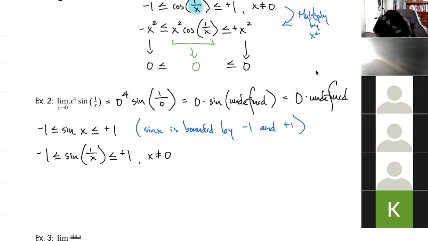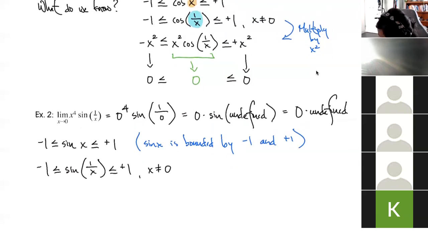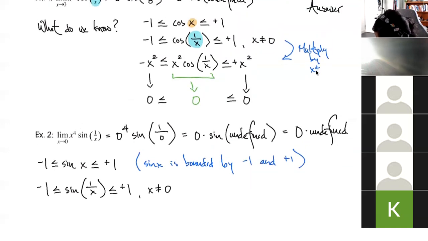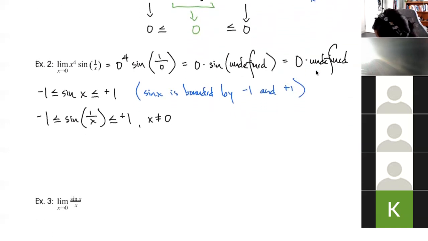All right. So we've replaced our x with 1 over x. Let's see, what do we want to do next? How do we continue to construct our middle function so that we end up with something in the original? Good. Multiply by x to the 4th.